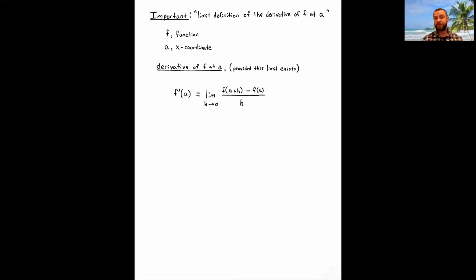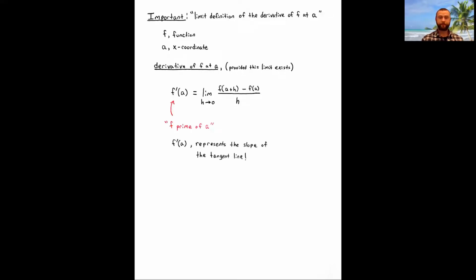All right, now that we understand limits, we can now evaluate this limit definition. Now, I want to point out this quantity that we're calling the derivative of f at a, which we read as f prime of a. The prime notation is just one of several ways to denote derivatives, which we'll slowly introduce over the next few lectures.